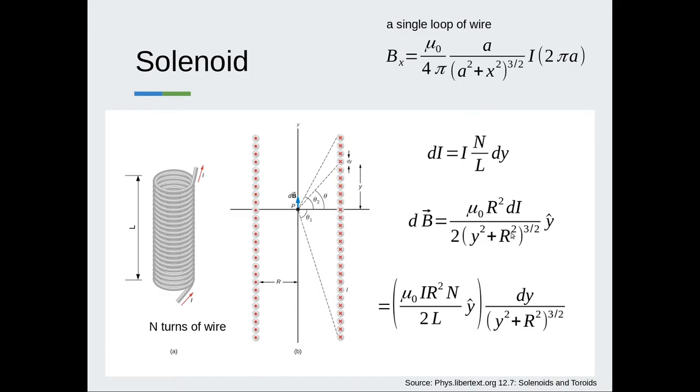The 2 is because the 2 pi a and 4 pi cancel each other. And y is converted from x. That was x in the previous calculation, but now we change it into y. It's just changing the number. And r squared is replaced for the same reason, and the others are roughly the same.